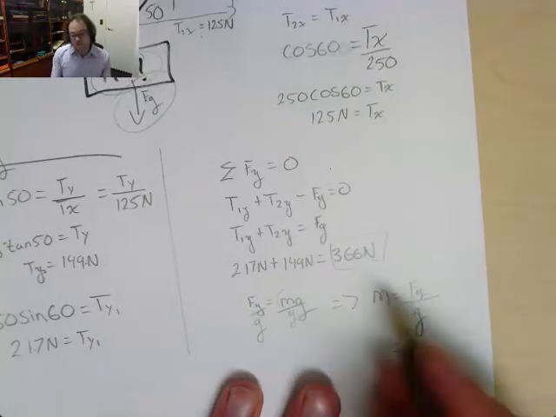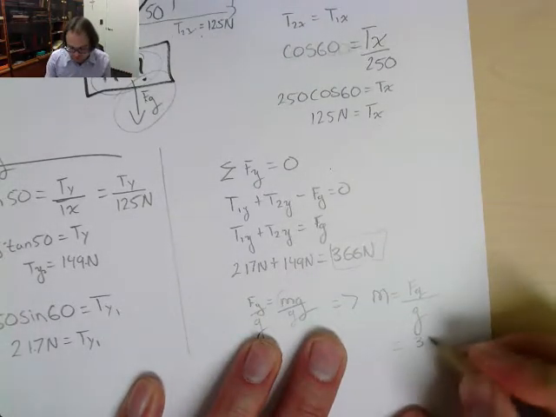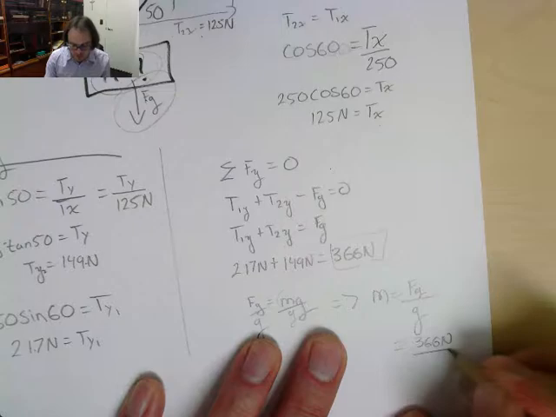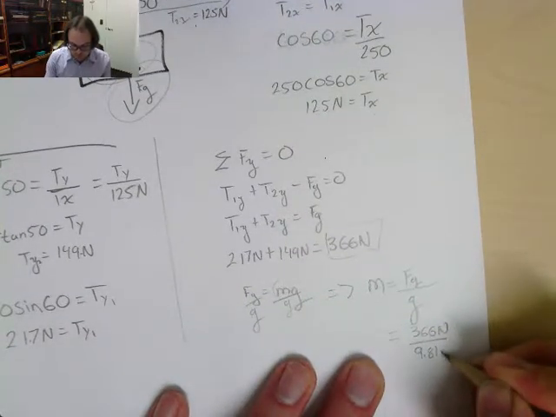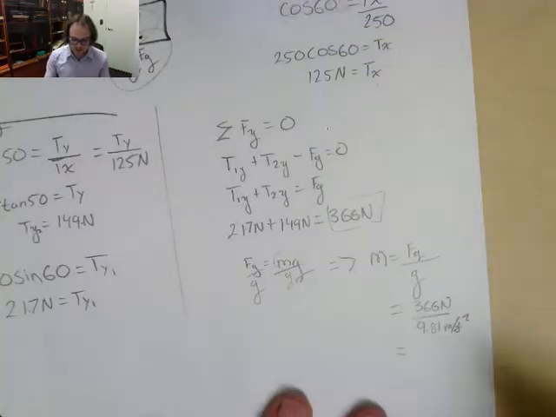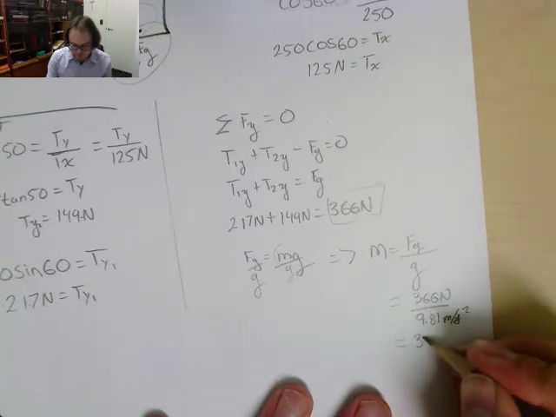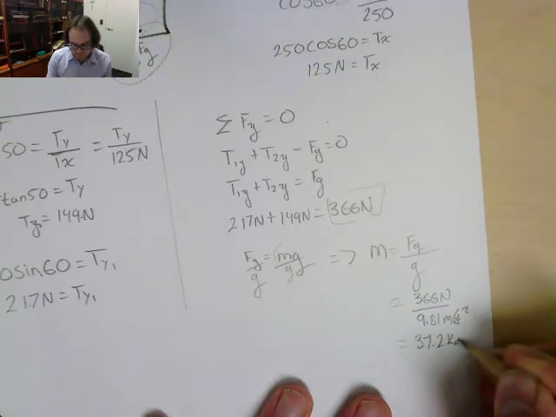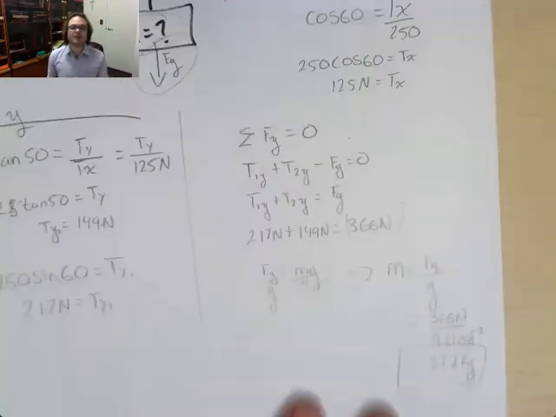My force of gravity, or the weight of the object, is equal to 366 newtons, and I divide it by gravity, which is 9.81 meters per second squared. That's going to end up giving me a total of 37.2 kilograms. Okay, so that is going to be my mass.